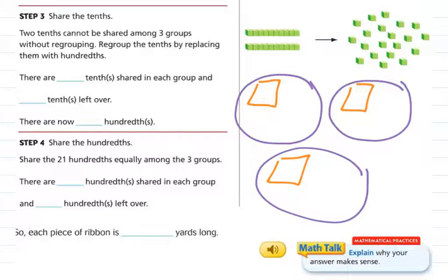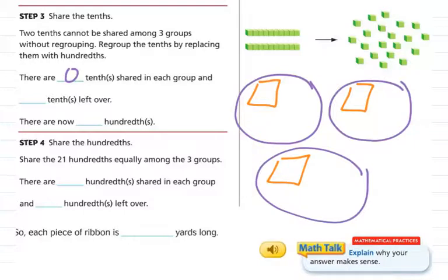So boys and girls, there are 0 tenths shared in each group. Because we have 3 groups, we can't share the tenths and we have to regroup.